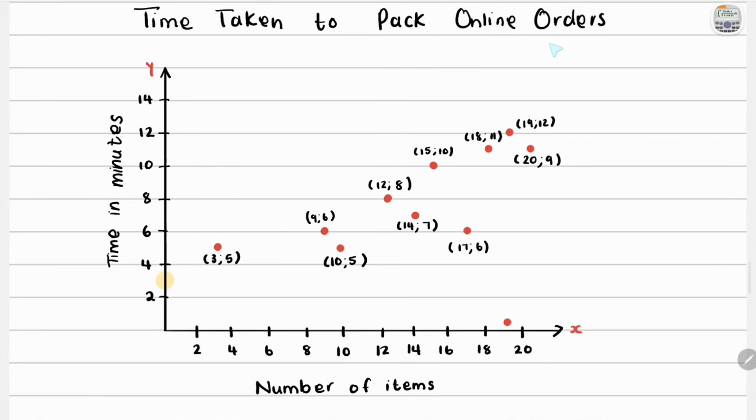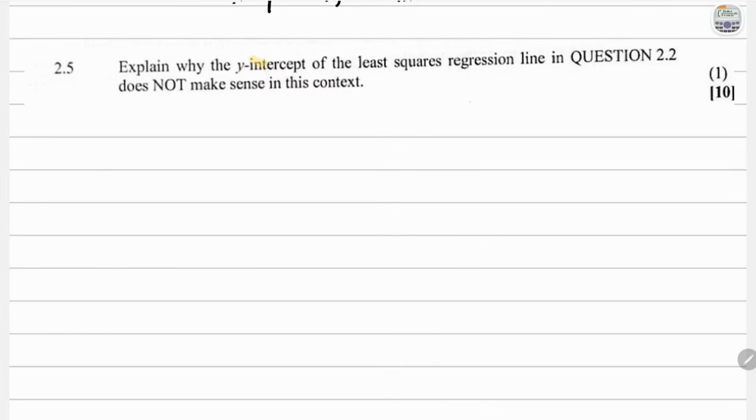So we just have to put that in words. We can just focus on the fact that the y-intercept would represent the time where 0 items are packed, okay? Or even ordered, when 0 items are ordered. And this will not make sense, of course, because if there's no order, then there's no time to be recorded. And so this will not be added to this table.